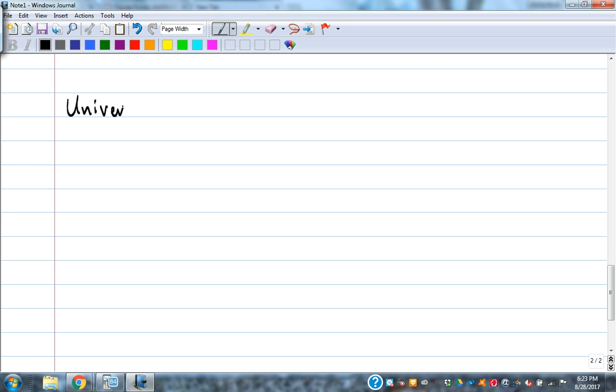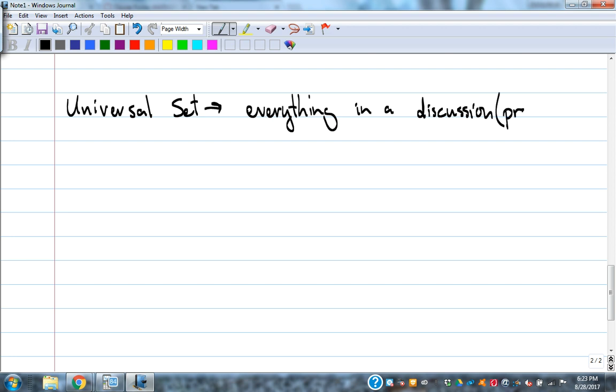The universal set, same section. If we're talking about a universal set, we're talking about all the things that are in the discussion. So everything in a discussion. And in math, that discussion is a problem.